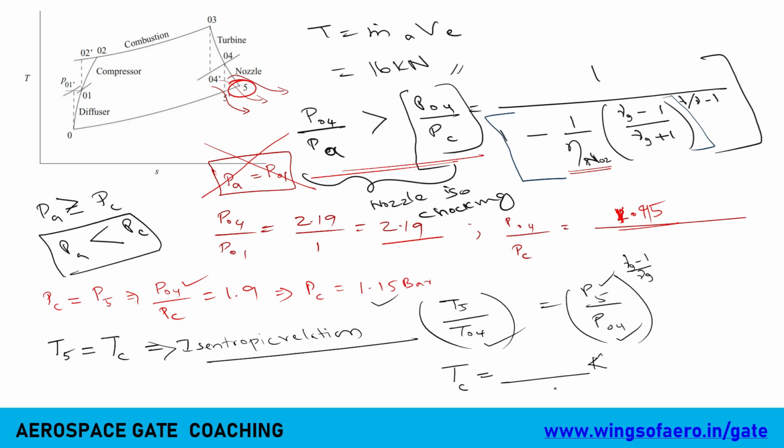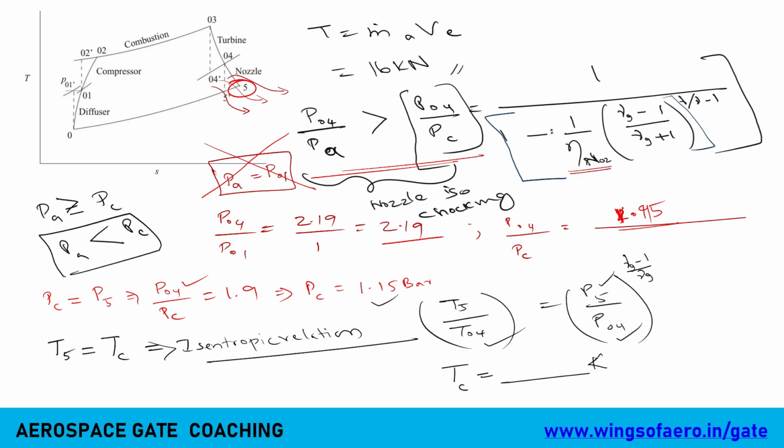Now why we are finding this temperature, I will tell you. First you find it, then we'll move to the next step. Simultaneously note down the formula. Please rectify this formula.